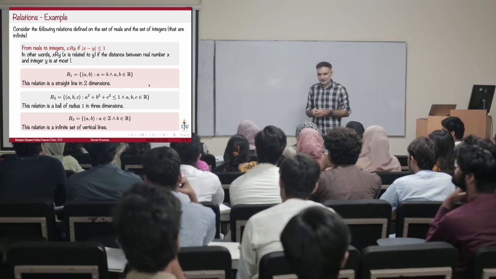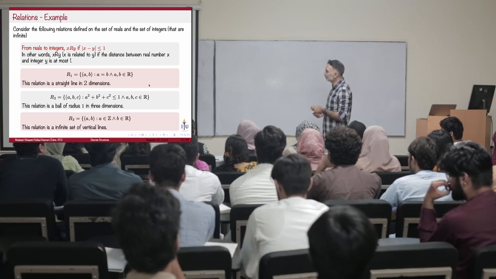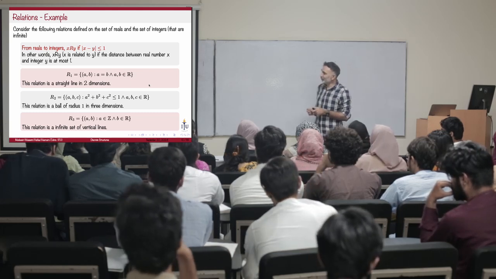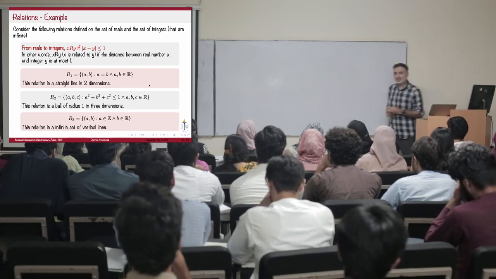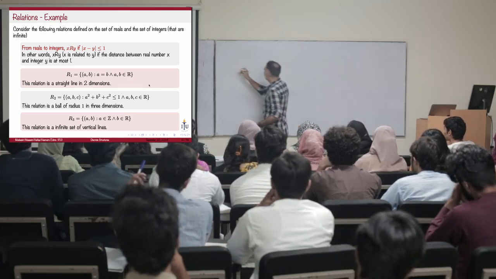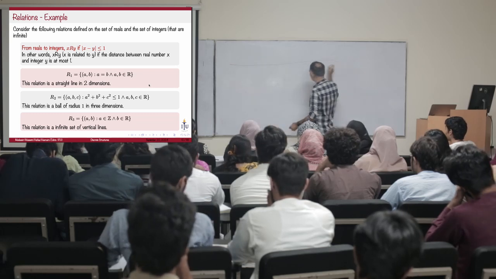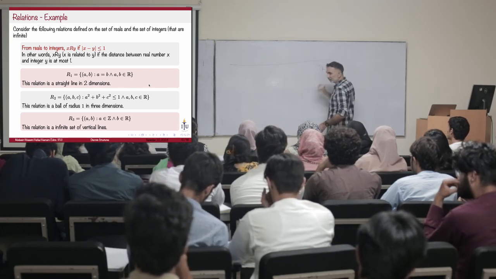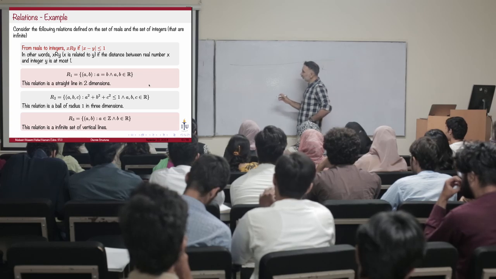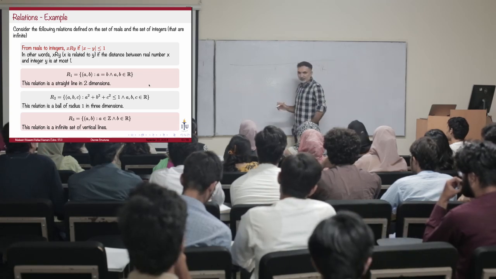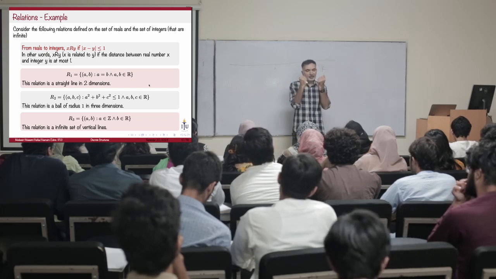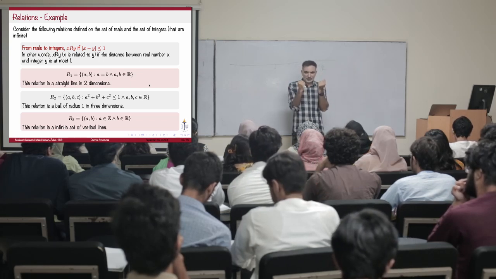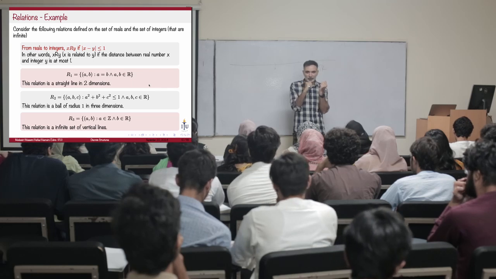Sorry, what? This one? Okay, so this is an infinite relation, and again I'm trying to give you a different flavor of relation. It's defined on the real line, the real numbers. So what I do is I pick a number 0, and then I pick another number, and I check if their absolute difference is less than or equal to 1 or not.